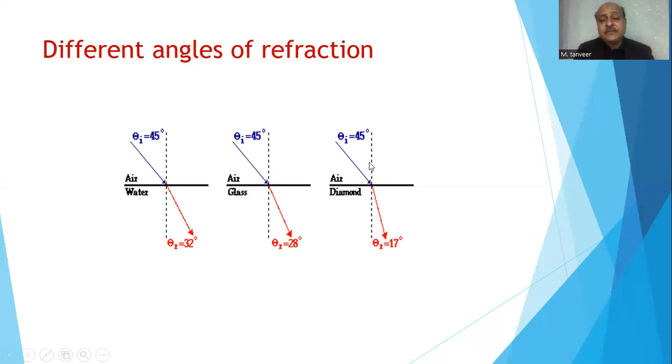For diamond, sine of 45 divided by sine 17, your answer will be 2.4. The reason is, in different media, speed of light is different. When speed of light is different, then your refractive index will be different for these media.